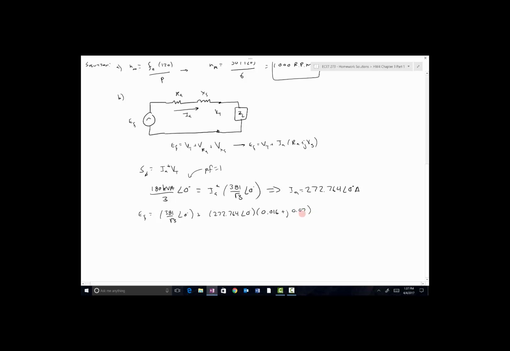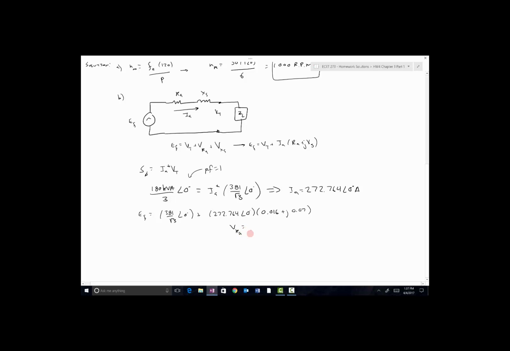Just to give you a sense, this times this is the voltage drop across the resistor, and this times this is the voltage drop across the inductor. You don't have to do those individually, but I want to show what some of those magnitudes are.